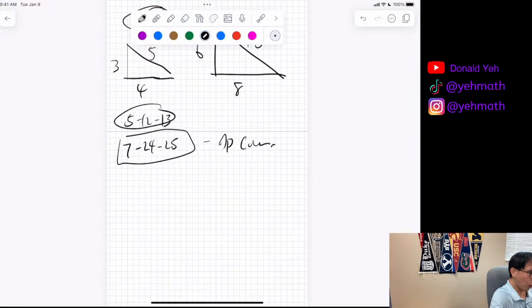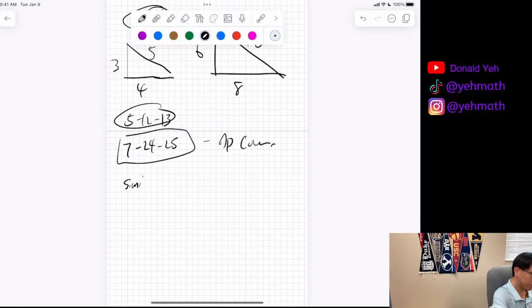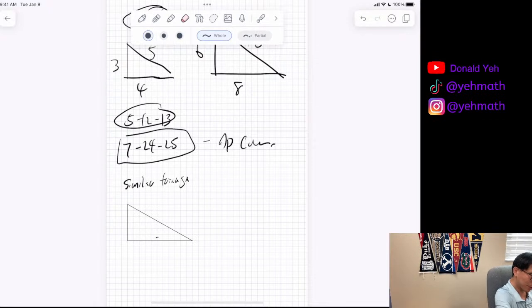Now, the one you're going to see on the SAT a lot is similar triangles, and similar triangles have two setups. One is this setup here, kind of like the shadow problem we know from calculus. Let's just draw a line.